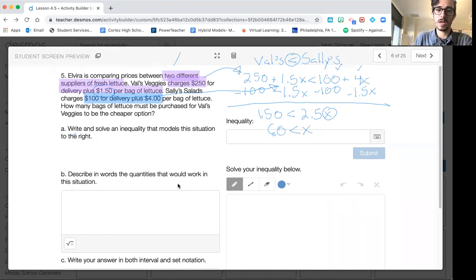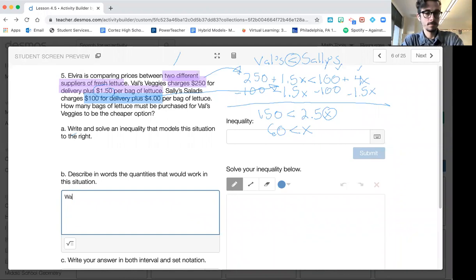So what this is all saying is that Val's will be cheaper if we buy more than 60 bags of lettuce. There you go.